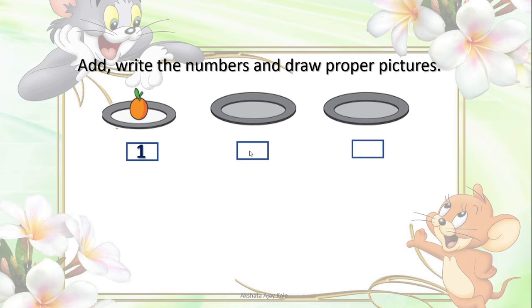And here nothing is there, so we'll write 0. Now let us add these two, that is 1 plus 0 is equal to how much? Yes, very good, that is 1. Correct? Only one fruit. So let us write here 1.